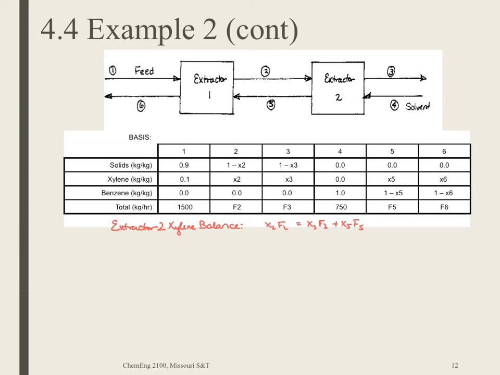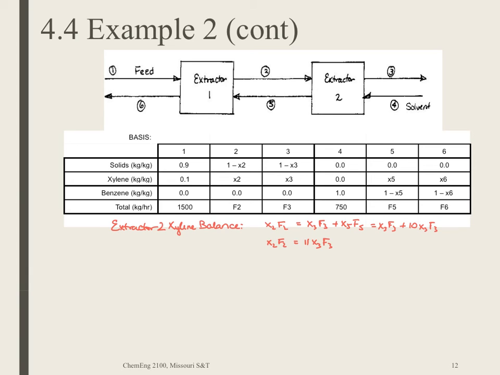But we have a process spec that says x5 f5 is 10 x3 f3. So x3 f3 plus 10 x3 f3. So in other words, x2 f2 is 11 x3 f3. Okay, that probably doesn't look that useful at this stage, right?